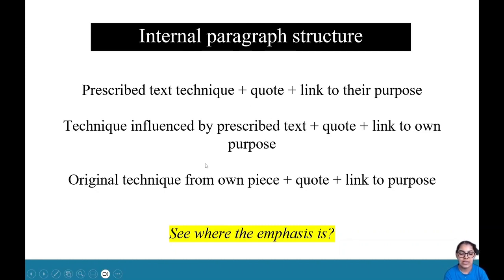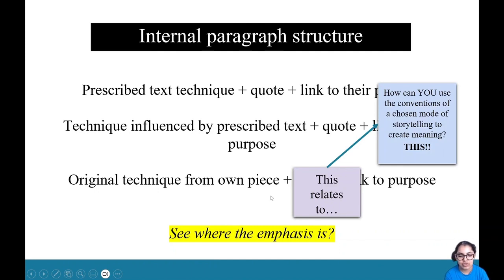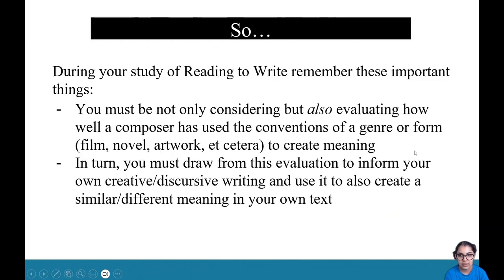You can also have a technique which is influenced by the prescribed text, quote, link to purpose, and then an original technique from your own piece, quote, and link to purpose. The emphasis here is on relating the original technique to our chosen convention of storytelling.